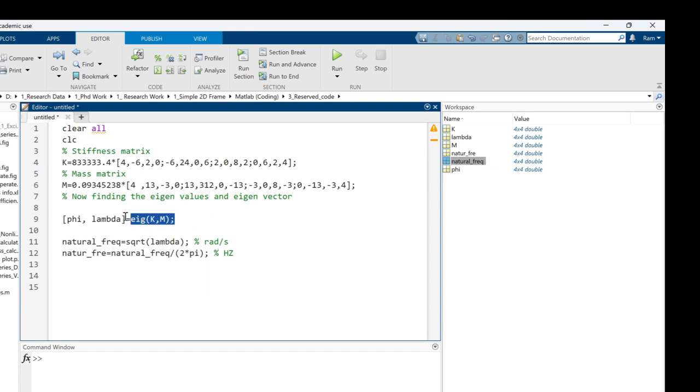That command will provide the eigenvalue and eigenvector for any system. In structural dynamics, natural frequency is the square root of lambda, the eigenvalue, and phi means mode shape.